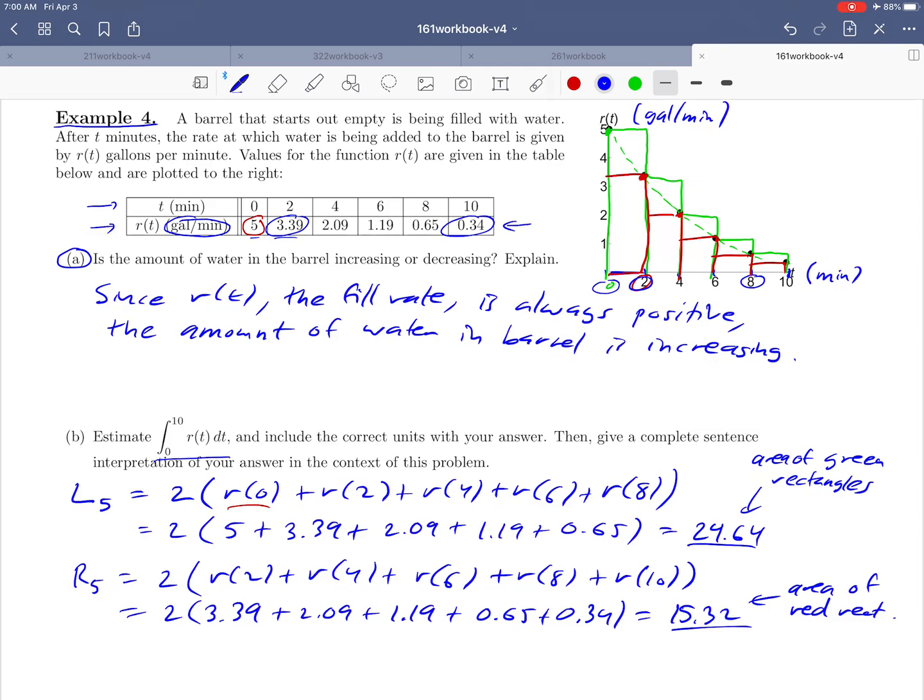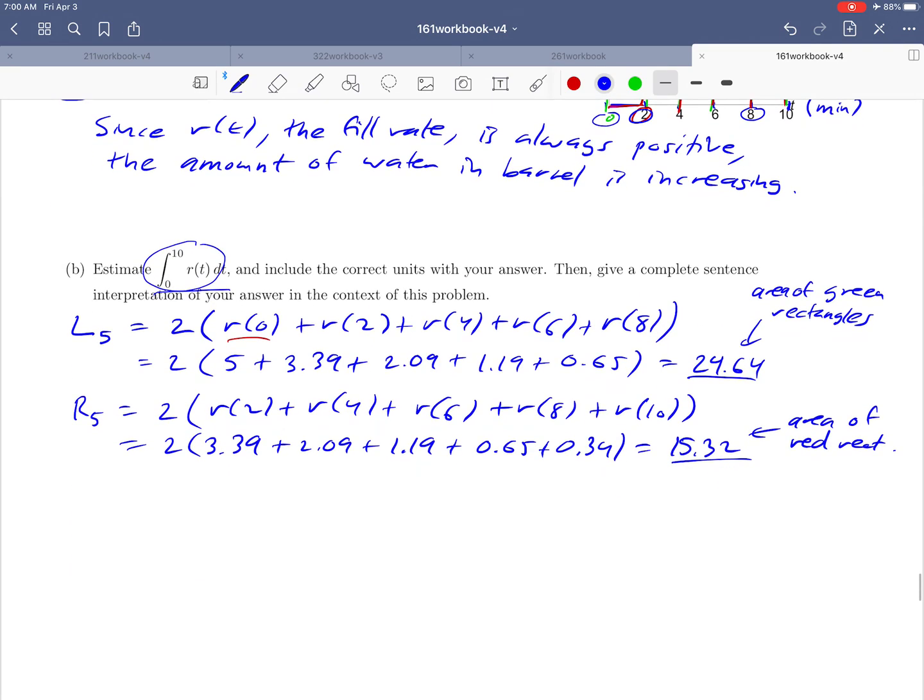Okay, so as before, you might notice that the green rectangles give us too much area, the red rectangles give us too little, so we could get the best estimate of our integral by just taking the average of those two things. All right, so let's do that here. So that exact area is approximately the average of those two numbers that we just got.